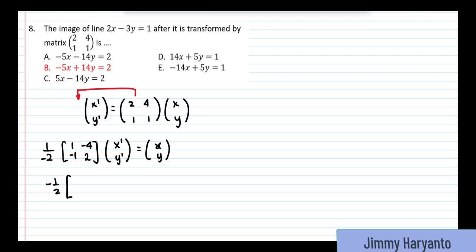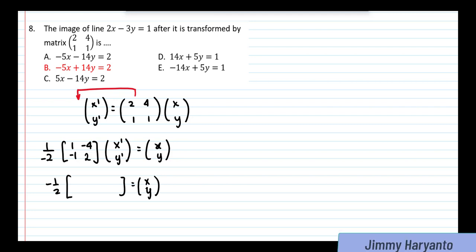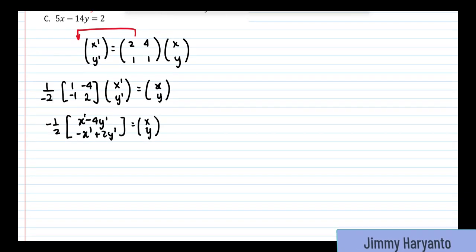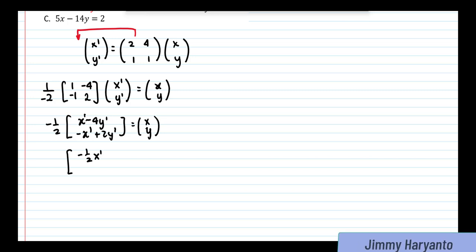Then you have to simplify the matrix first. You can multiply them one by one like this. You'll have x minus 4y prime, and then for the second one you'll have negative x prime plus 2y prime, and then you will multiply the negative half inside the brackets. You will have negative half x prime plus 2y prime.